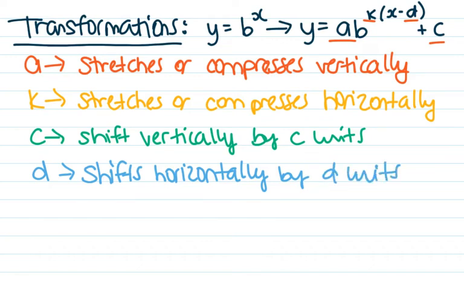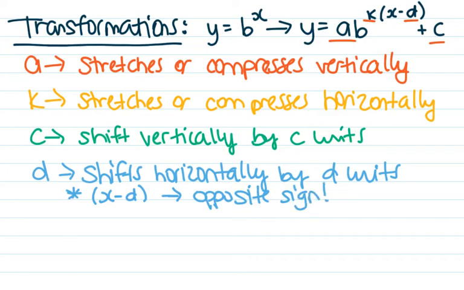And you need to remember that the original equation is x minus d. So you need to do the opposite sign of D when you're working with D. As usual, that's how we've always learned it, but just a reminder. And also, the order that you do the transformation does matter.